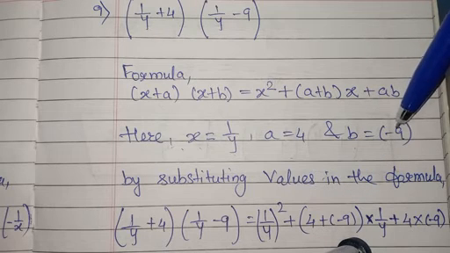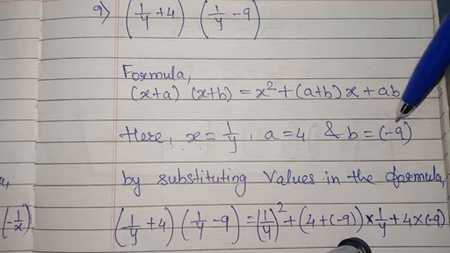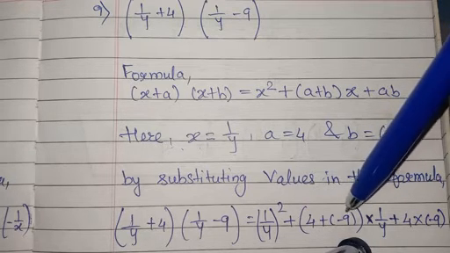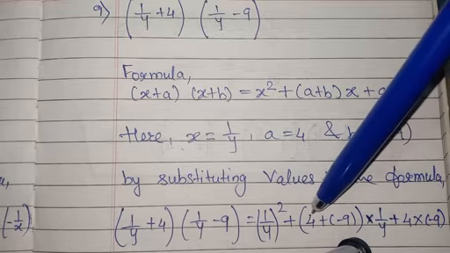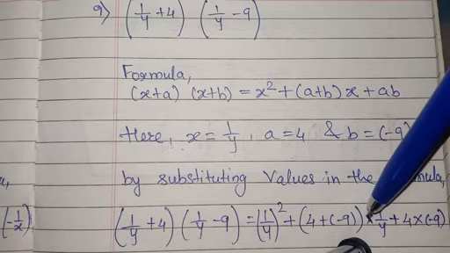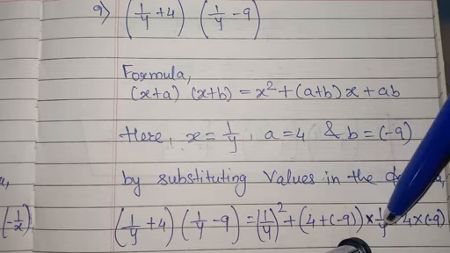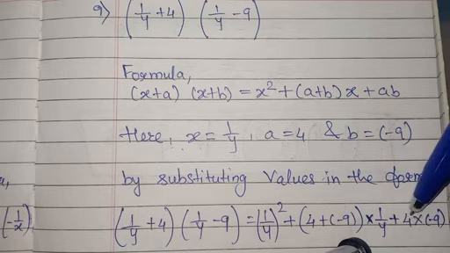Okay, as I told you, you have to write minus sign here while writing values only. Okay, while writing values you have to write minus sign so that you can use it directly here. Okay, so here it will come 4 plus minus 9 into x is what? 1 upon y plus ab.